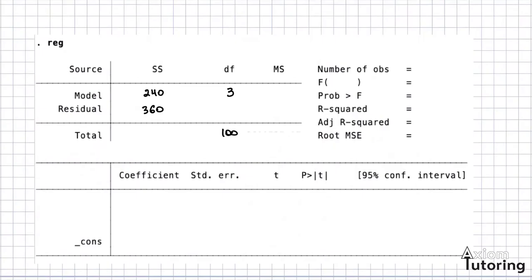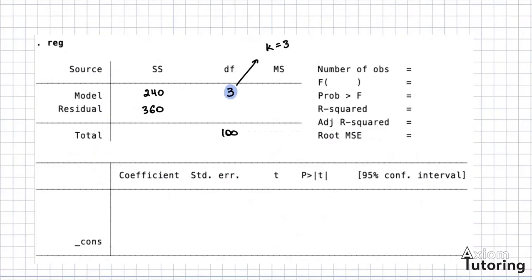So you have been given here the explained sum of squares, so the model SS 240, the residual sum of squares at 360. We've got the number of regressors, 3, which is given to you by the degrees of freedom of the model, 3. So keep in mind, it's literally telling you that you have k equal to 3.